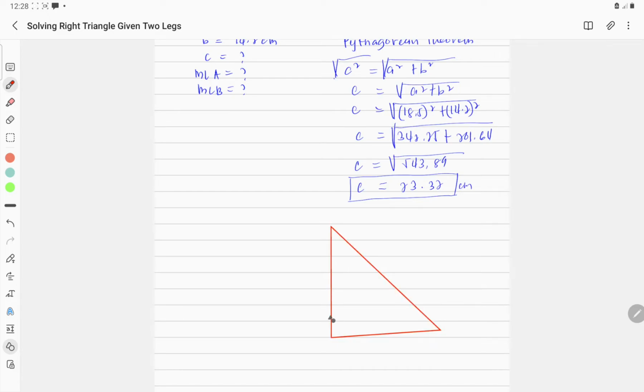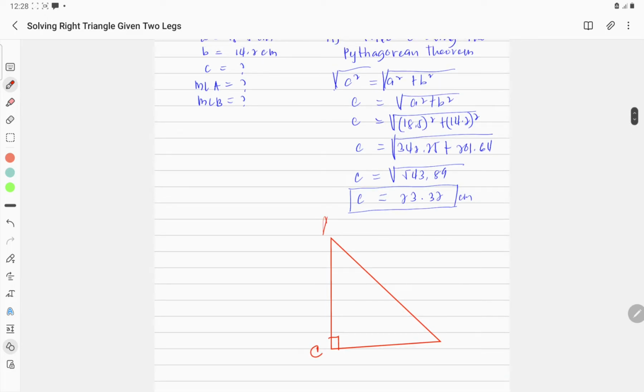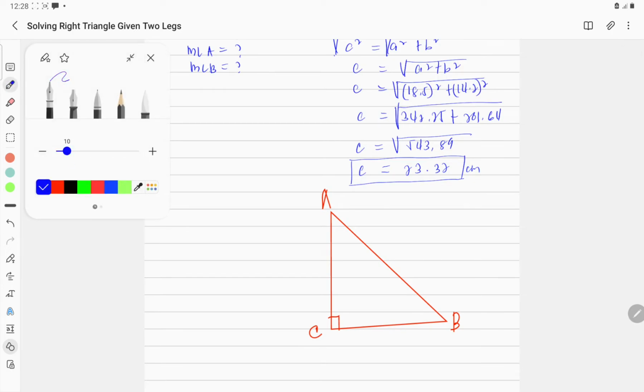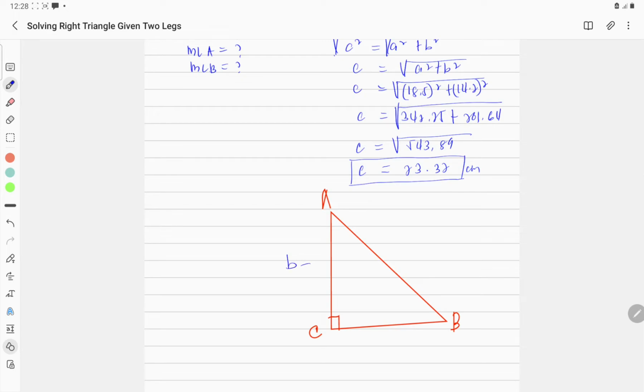We have here right angled at C. So C is here, and then we have A and B, so that your small b is opposite of B, your small a is opposite of A, and then you have small c opposite of C, which we have just computed as 23.32 centimeters.